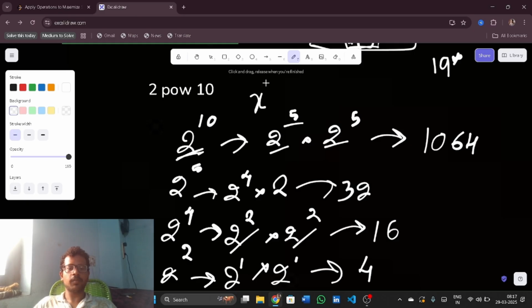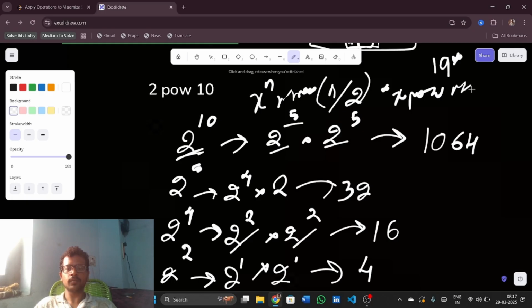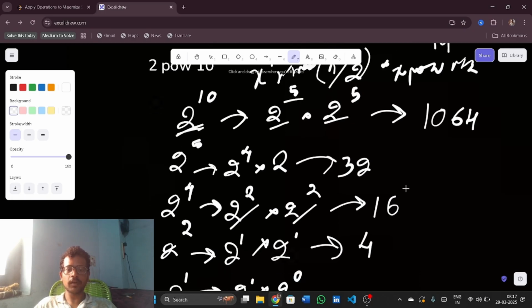That means for x power n, I would do n by 2. So x power n by 2 into x power n by 2. But if n is odd, x power n by 2 into x power n by 2 into x.